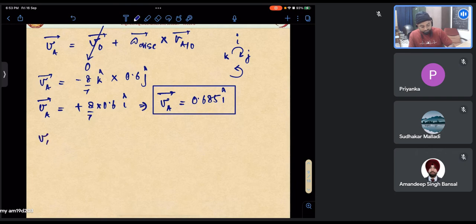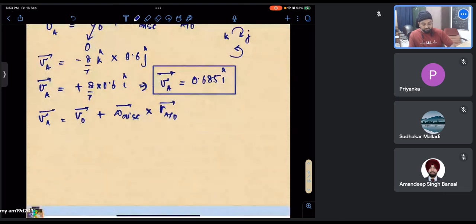So velocity of A we saw as velocity of O plus omega disk crossed with R A with respect to O. Right.